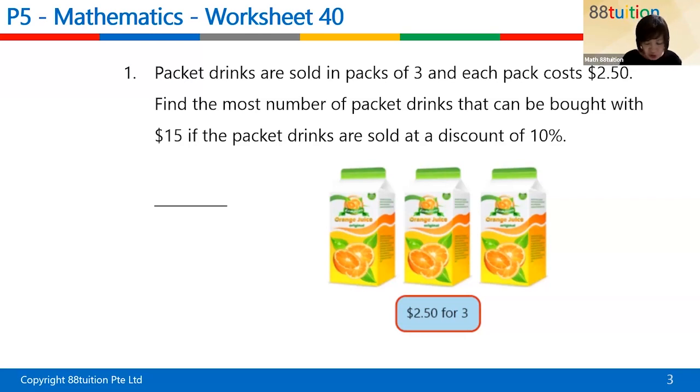Okay, so first question, the packet drinks, they are sold in packs of 3. So that means for the entire 3 packets, the price is given to you. Okay, so this is meant to be $2.50 for 3.